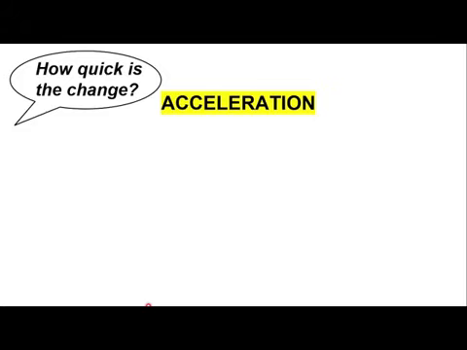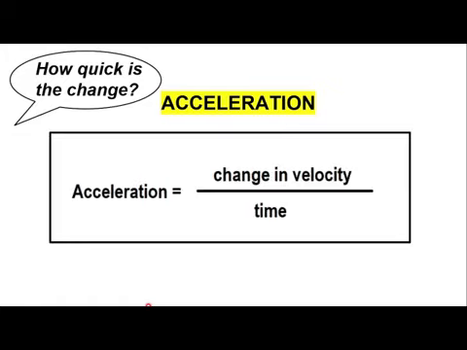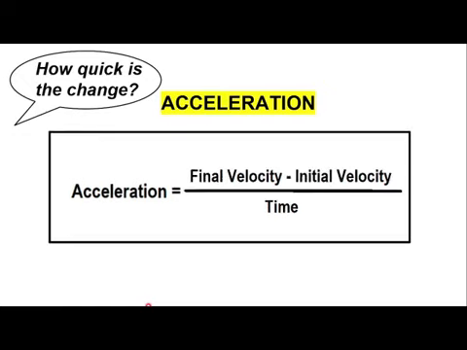Acceleration refers to the rate of change in speed or velocity of an object, and it is reflected in this equation. Acceleration is equal to the change in velocity per unit time. Or it can also be written as this. Acceleration is equal to the difference between the final velocity and the initial velocity per unit time.